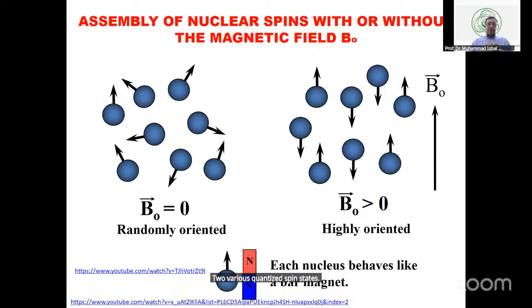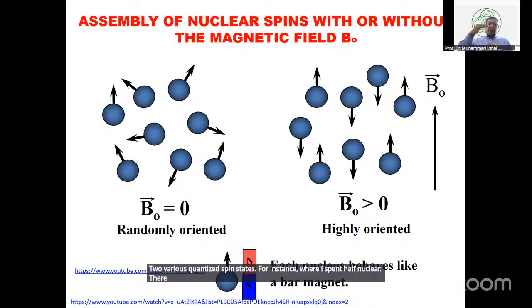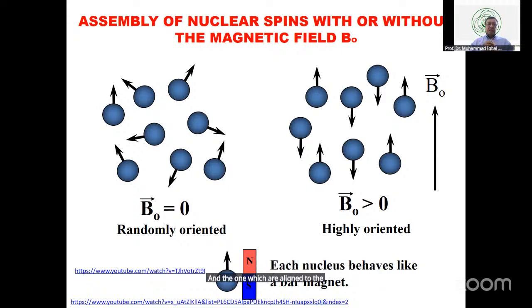For spin half nuclei, there are two energy states. One is aligned to the magnetic field, and the other is opposed to it. The aligned ones are in the low energy state, and the spins opposed to the field are in the high energy state.